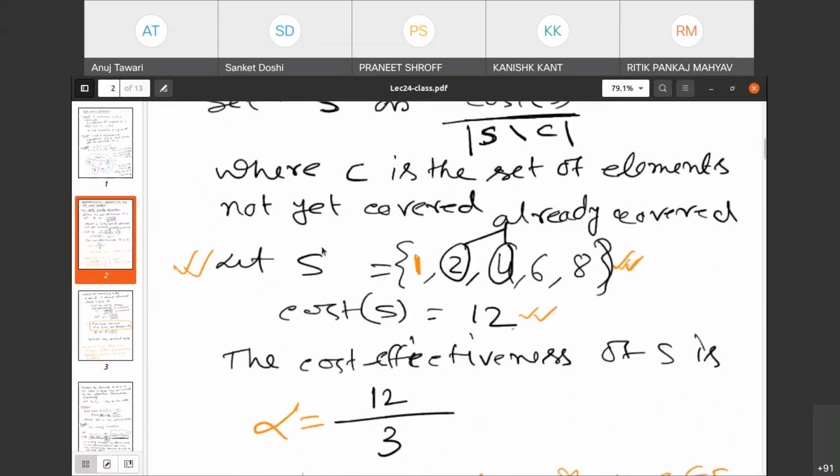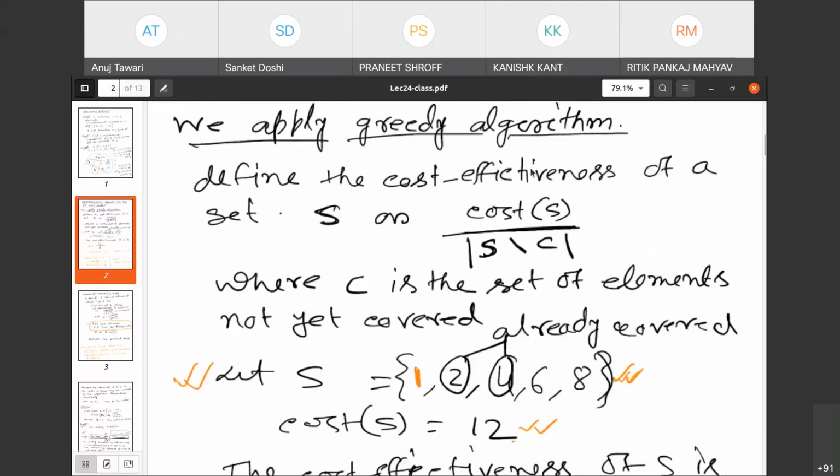Then we start picking the set which is minimizing this ratio, cost of S divided by S minus C. And we pick that set S and all the elements in set S are now covered. And again, you find this ratio for every remaining subset, take the minimum among those and update the set of covered elements.